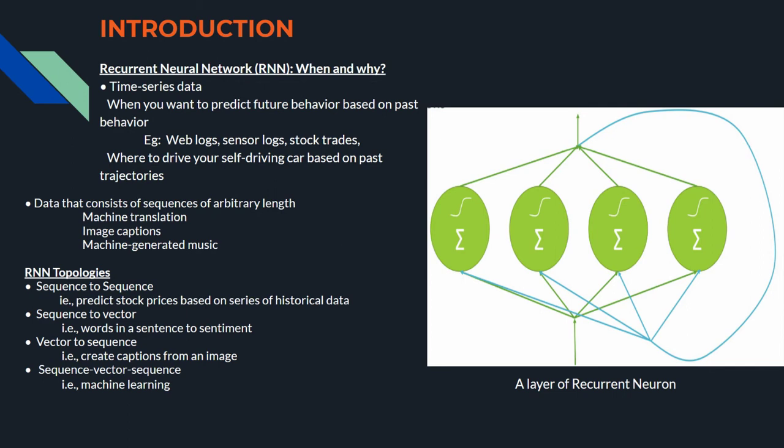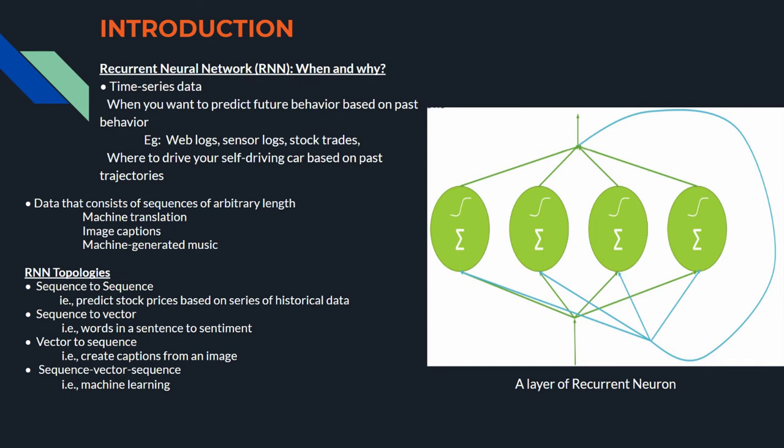The best examples are stock trades, web logs, and sensor logs. Even the self-driving car comes under this category, RNN. These examples come under time series data. If you want to talk about sequential data, the best examples are image captions, machine translation, and machine generated music. RNN deals with a wide number of possibilities.